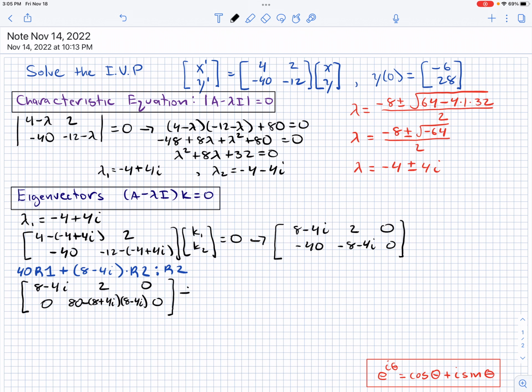And simplifying that part, we end up with still 8 minus 4i, 2, 0, 0. This ends up being 80 minus 64 plus 16. And you can kind of see what happens there. The first row is still just 8 minus 4i, 2, and 0. But the second row is just a bunch of zeros, which is nice because it simplifies things.